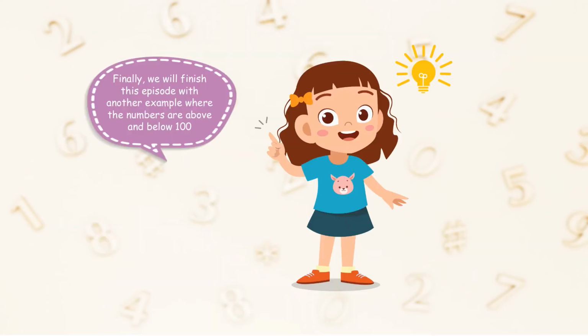So we have seen 2 examples so far. We will complete this episode with an example where the numbers are above and below 100. This is a small variant to the way we saw the previous 2 examples. So you need to pay some specific attention on step number 3 and 4.